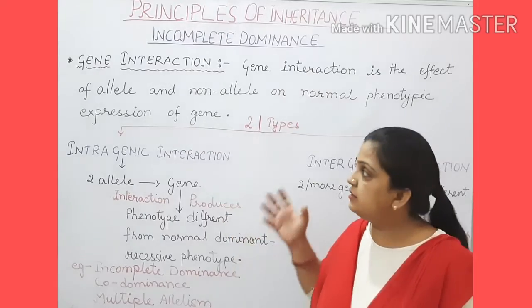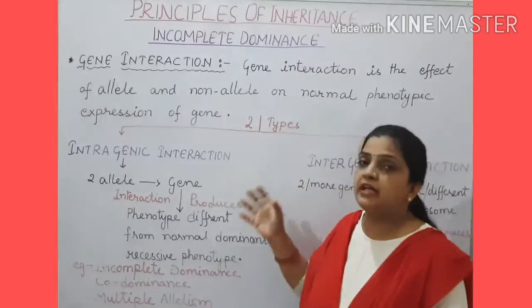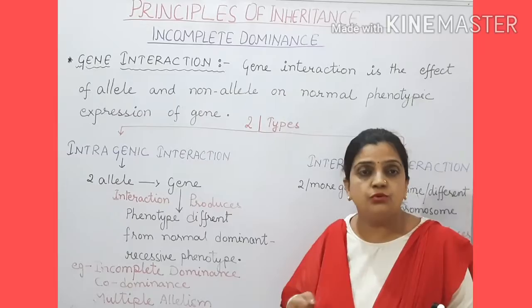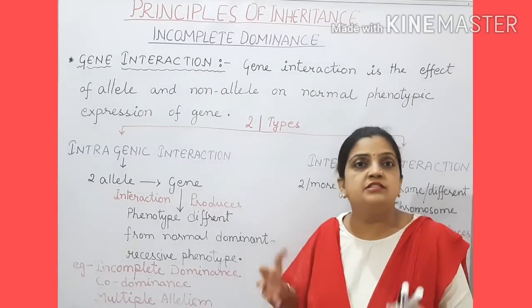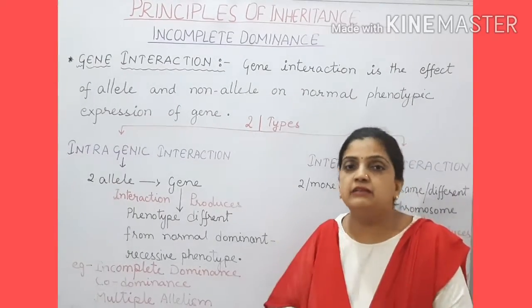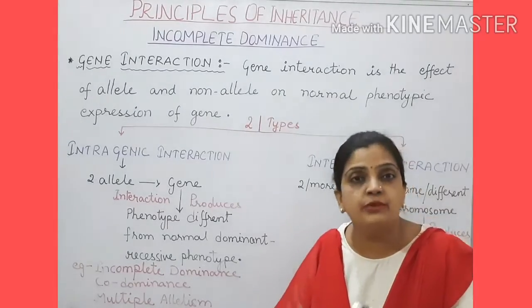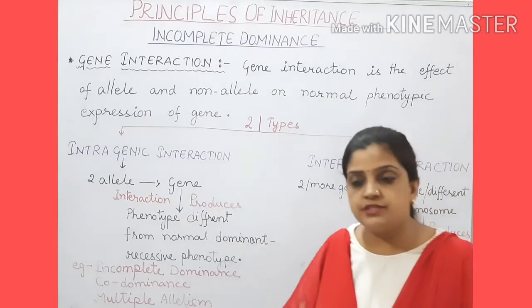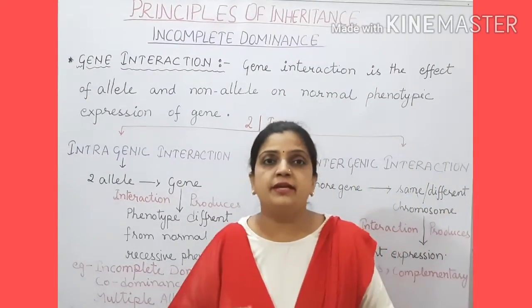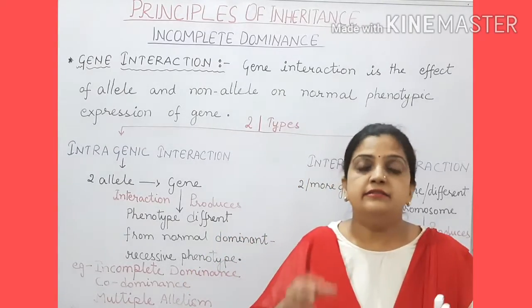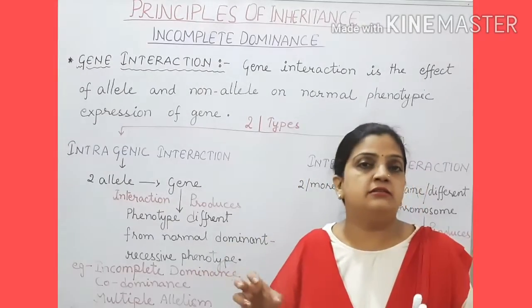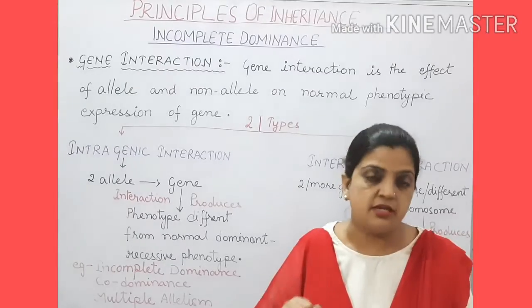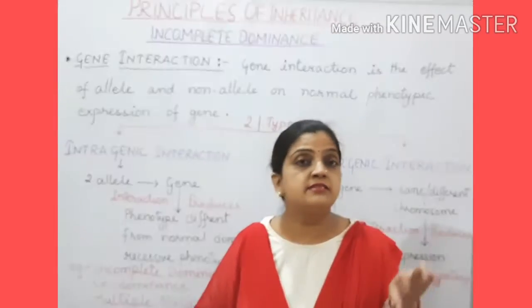So the need to know about gene interaction is very important: what actually happens when genes interact with each other and how they are influenced by each other. Always remember that genes are made up of alleles, and for every different character there is a different type of gene. For the character height there is a separate gene.